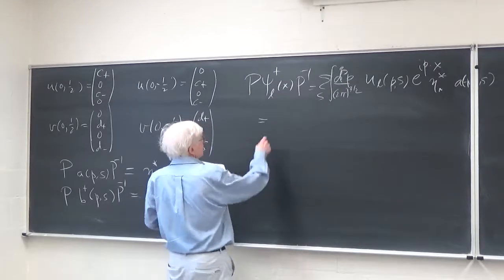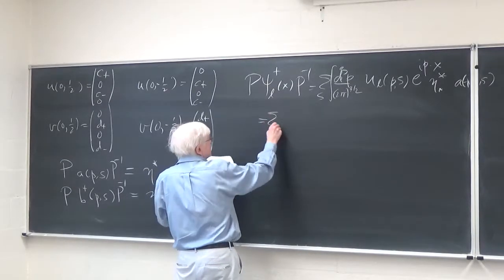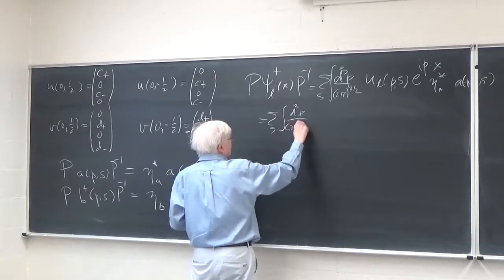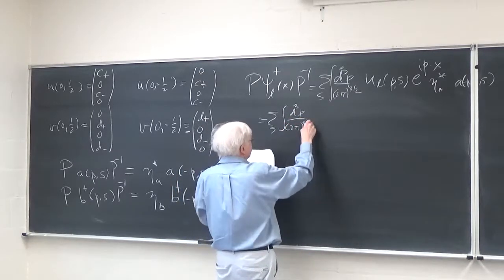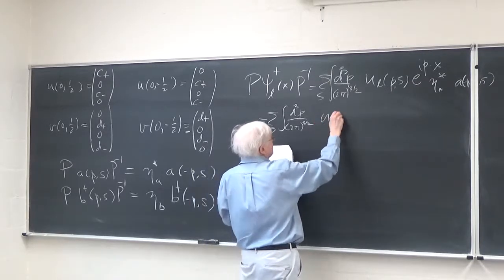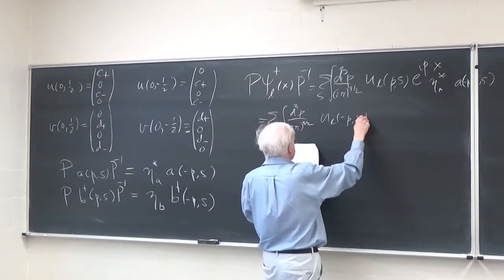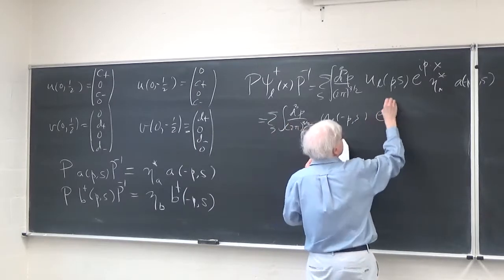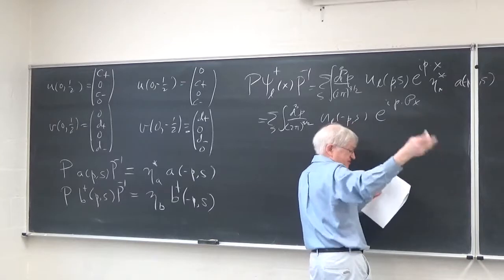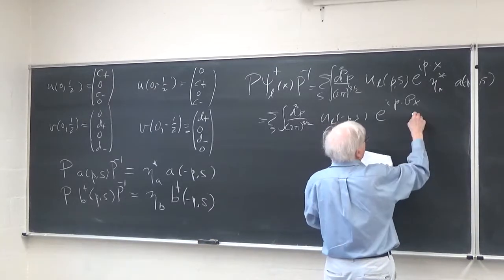And so what we have is some S, d3p 2 pi to the 3/2, UL of minus P and S, e to the I P, and now parity X, maybe we've just flipped the space part.